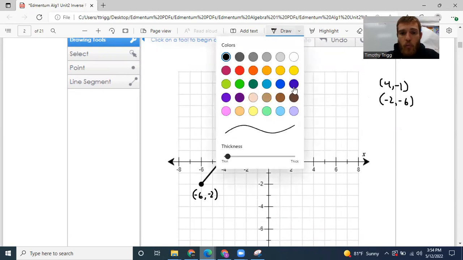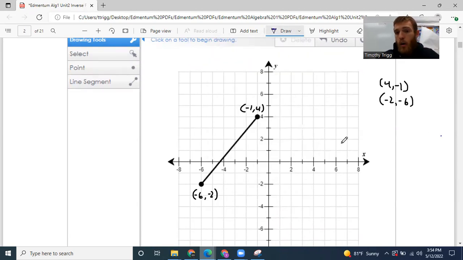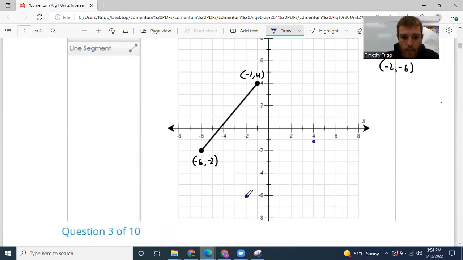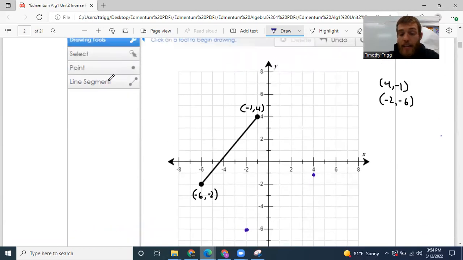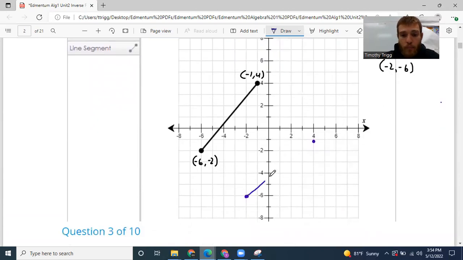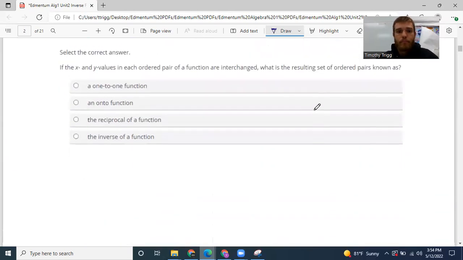Let's graph these points to draw our inverse function. You can use the point tool on your practice here: 4, -1, and then -2, -6. Go ahead and connect these using the line segment tool, and you should have that as your inverse function.